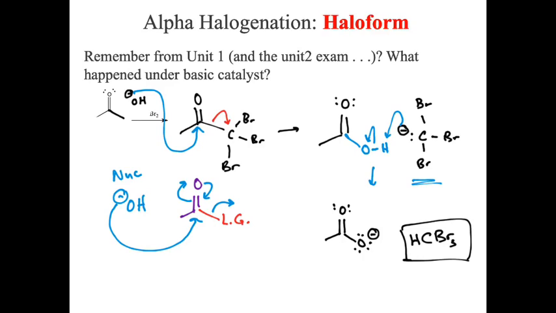Why were they acidic? They were alpha to a carbonyl, and they're acidic because I can go through the keto-enol tautomerization. All of that chemistry stacks.